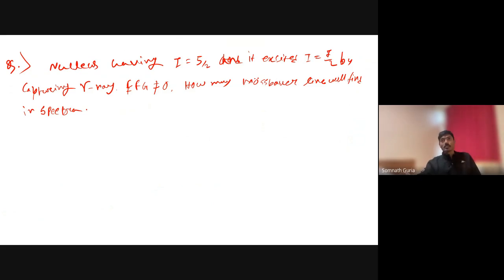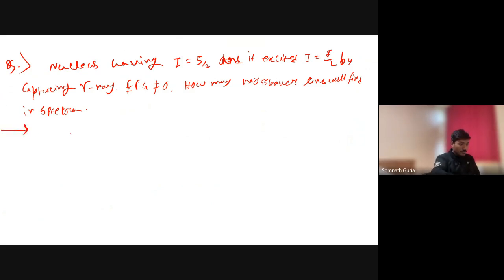Let's suppose one nucleus is coordinated with different ligands, then it's not a symmetric ligand environment over there, then there will be an electric field gradient. So if an electric field gradient is there, then how many Mossbauer lines will we find here? This kind of question you will find in different exams. This is a very easy question and you can solve it by just thinking how to solve it. Okay, so let's try to answer this question.